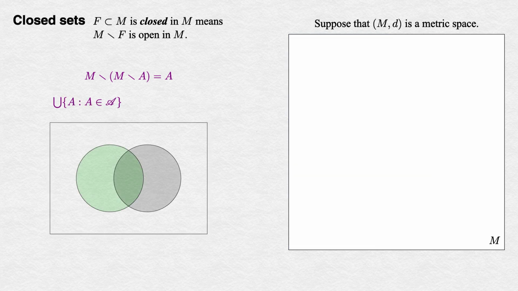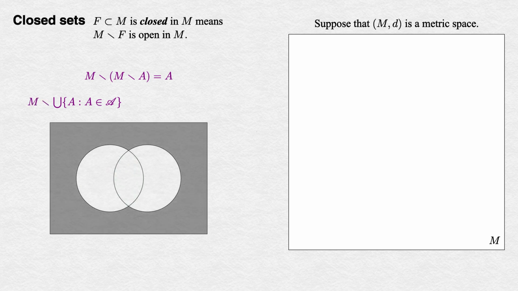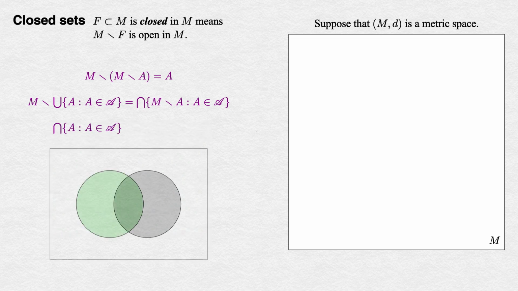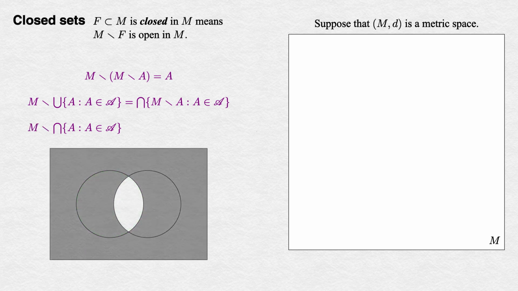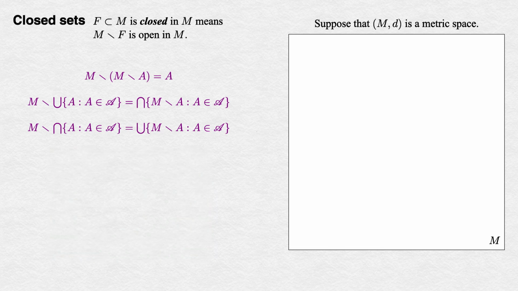The complement of a union is the intersection of the complements, regardless of the number of sets involved. Finally, the complement of an intersection is the union of the complements, again regardless of the number of sets involved. In short, complements swap open sets and closed sets, and they swap intersections and unions.